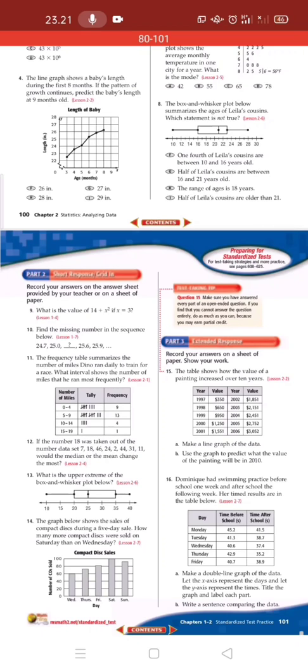What is the upper extreme of the box-and-whisker plot below? 14. The graph below shows the sales of compact discs during a 5-day sale. How many more compact discs were sold on Saturday than on Wednesday?